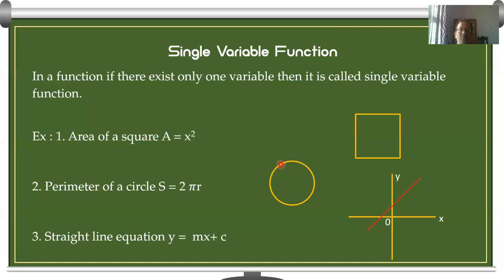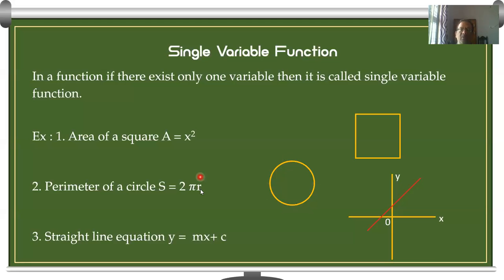Next we'll discuss one more example. It is a circle with radius r units. The perimeter of the circle is equal to 2 pi r. The perimeter, in Telugu chuttu kolata, becomes 2 pi r.